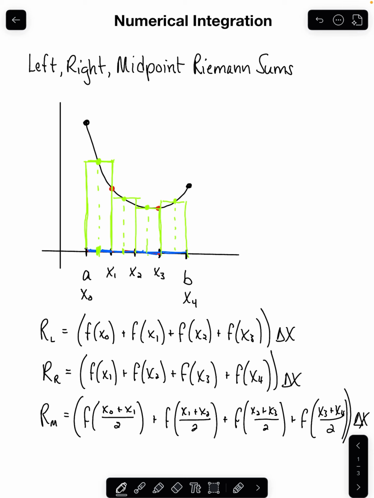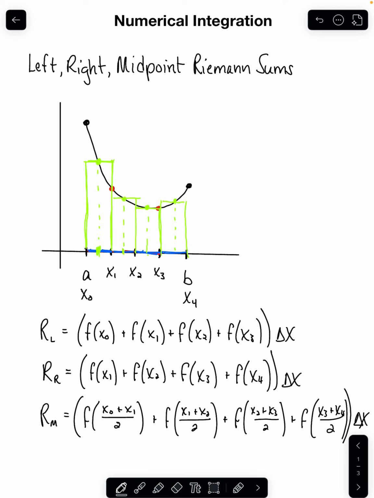This is why when we did it algebraically, we tended to avoid the midpoint rule. Because algebraically speaking, this would be a nightmare. However, numerically speaking, this is not nearly so bad. It's actually not really any more complicated than the left or the right endpoint.